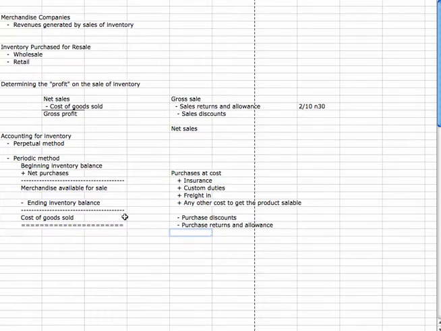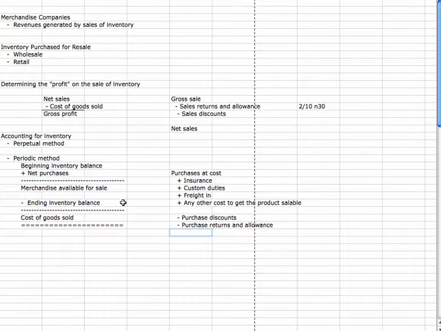The reason why we structure the equation this way is because in many cases we know what our merchandise available for sale is, since we've collected all that information. We know what we started with and what we purchased, and because we don't have a complicated accounting system to keep track of our inventory, we need to go out and count that inventory at the end of every period to identify exactly what we have in ending inventory.